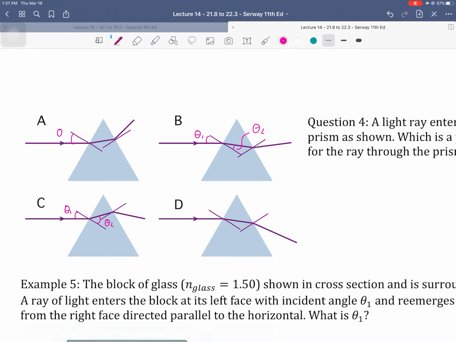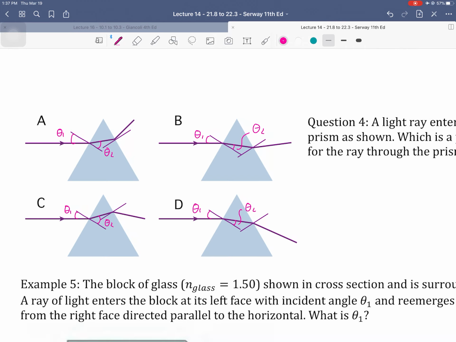Likewise, if we look at A, theta 1 is smaller than theta 2, so that's bending away from the normal. And then looking over here at D, we have theta 1 and then theta 2, so D also works. So we've narrowed it down to B and D.